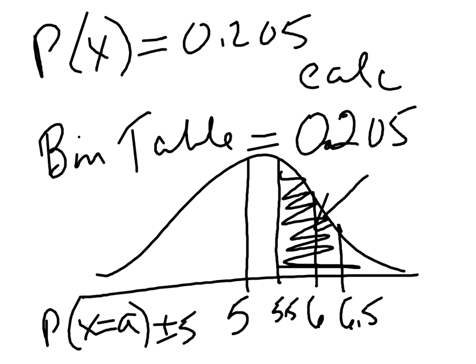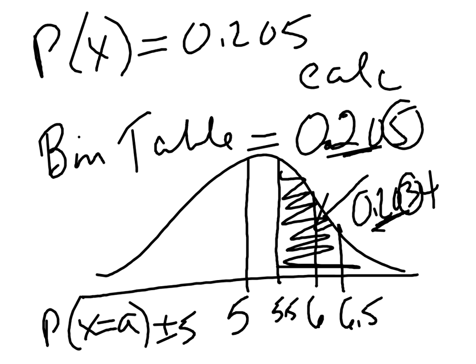By using the standard normal distribution tables, they got an answer of 0.2034. Well, that is pretty close to 0.205. In fact, it's only a few 10,000ths of a unit away. The first two decimals are important, 0.20 and 0.20, so that third place was a 3 rather than a 5.